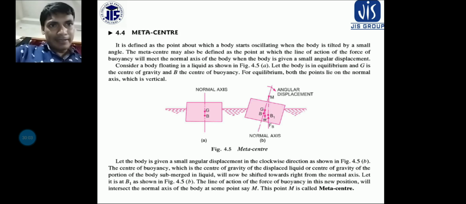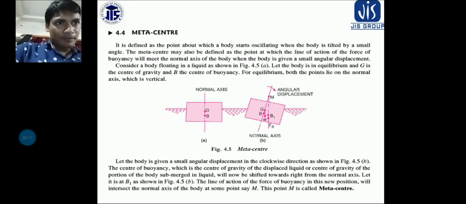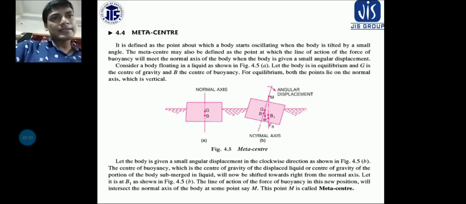The metacenter can also be defined as the point at which the line of action of the force of buoyancy will meet the normal axis of the body when the body is given a small angular displacement. Okay, this definition is also important.